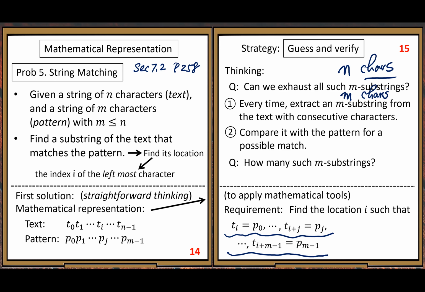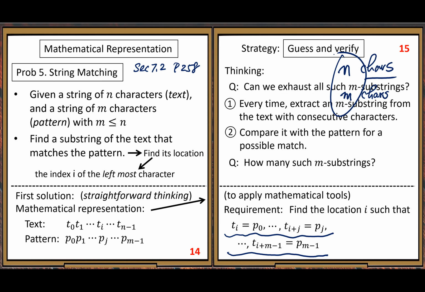Now give me your guess. Here we apply guess and verify. So what is your guess? Try to get the number as close to the answer as possible using these two numbers, N and M. N minus M? That's the first natural guess.